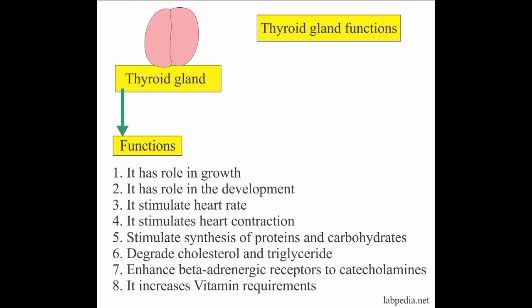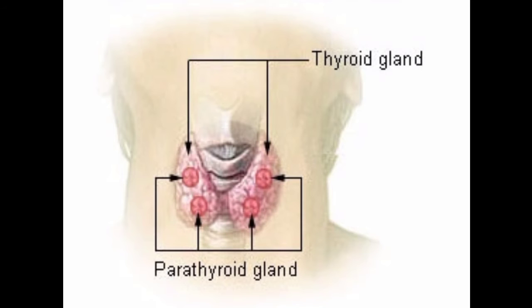Next, we come to the parathyroid gland. Parathyroid glands are also present in the neck region, as you can see in the diagram. They are present on the sides of the thyroid gland. These four dots you can see on the sides of the thyroid gland are the parathyroid glands.